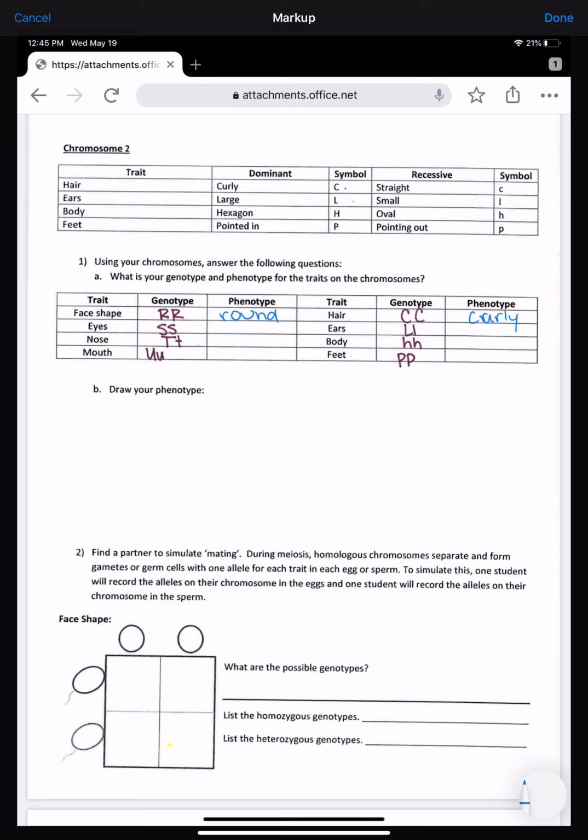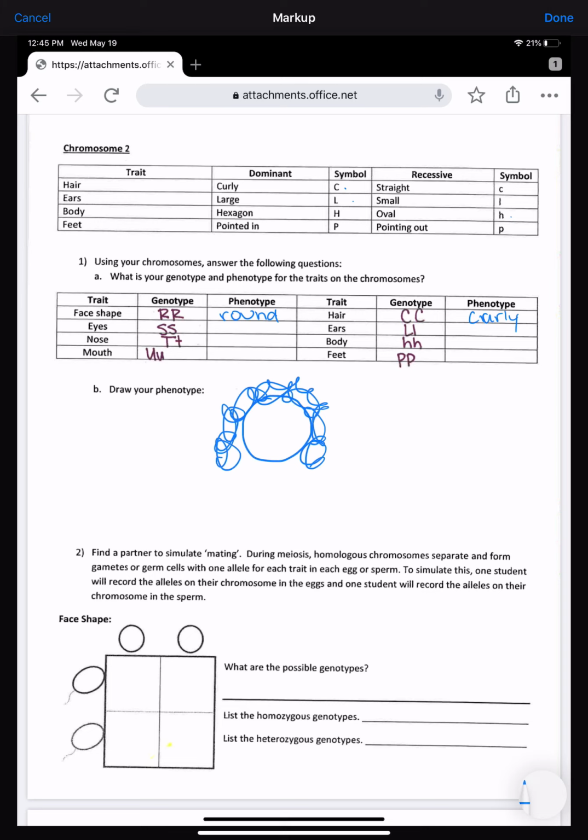So that one would be large, and then little h, oval, and loopy, pointing out. So when it says draw your phenotype, you're going to draw whatever this monster would look like. So like it has a round head and curly hair. And then you're just going to keep drawing all the things. And when you're done, you're going to have a little monster.